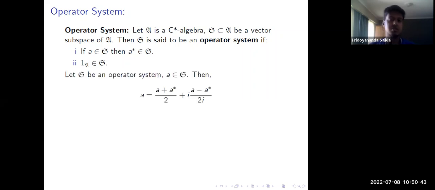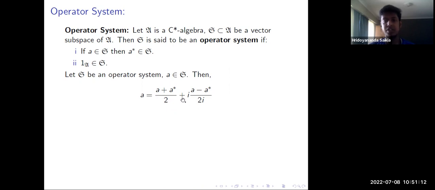Now note that suppose I have an operator system S, and suppose a is any element of S. Then I can write a as a linear combination of two elements: (a + a*)/2 and (a - a*)/2i.